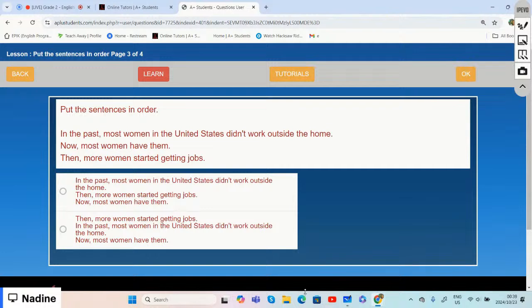In the past, most women in the United States didn't work outside the home. All right. It says put the sentences in order.